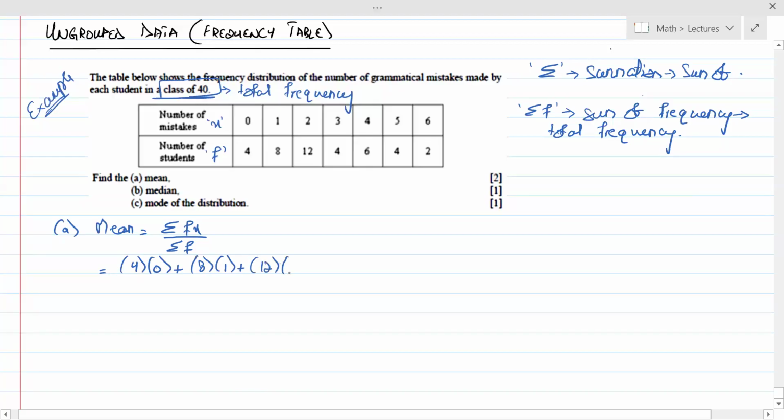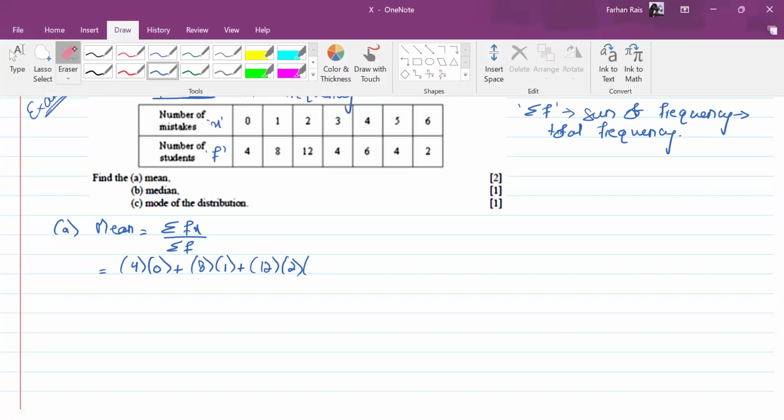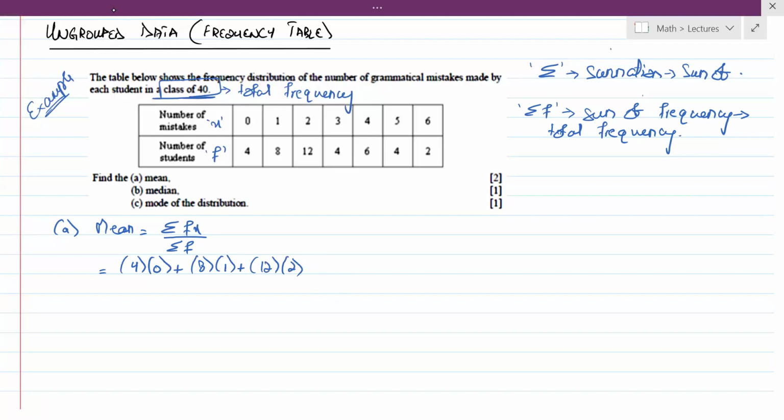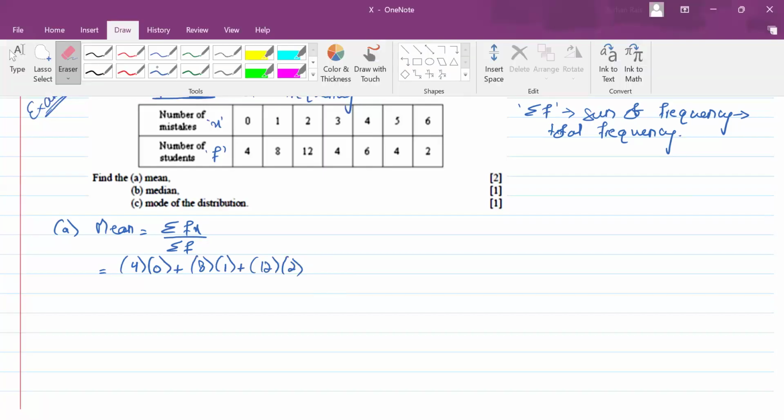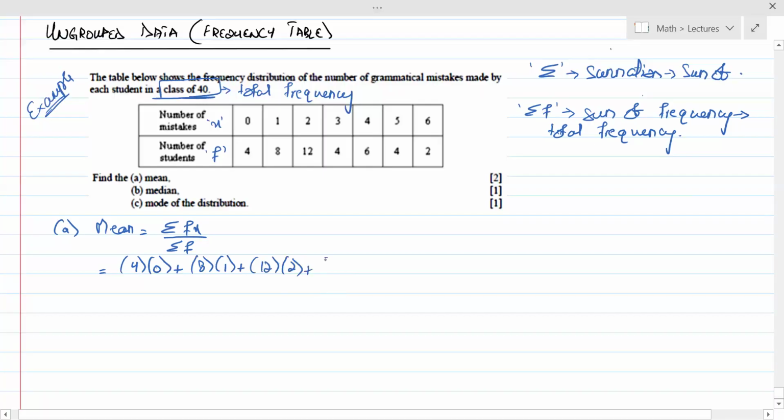So 12 into 2, plus 4 into 3, plus 6 into 4, plus 4 into 5, plus 2 into 6.